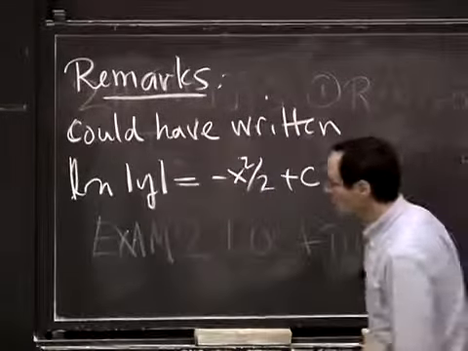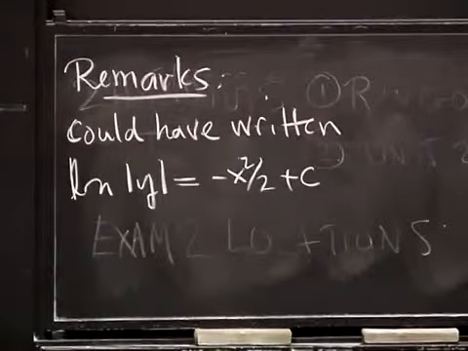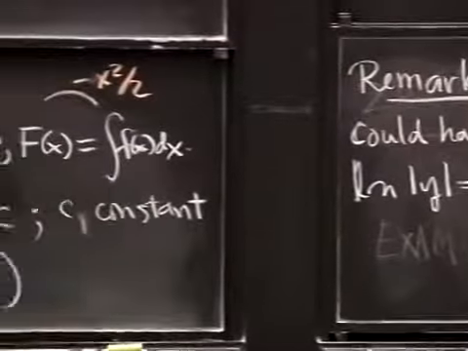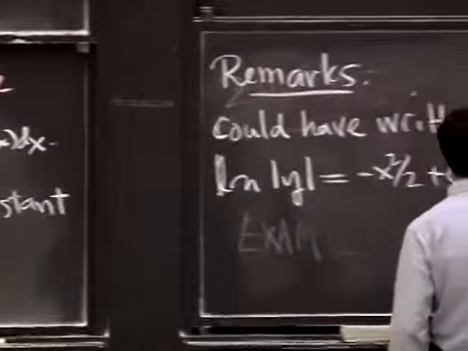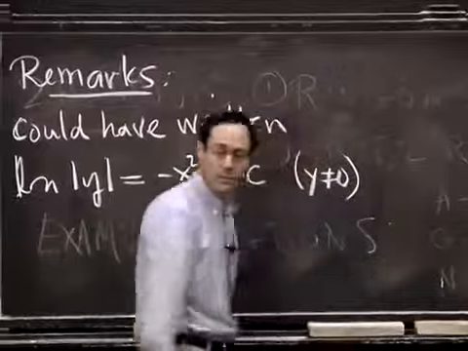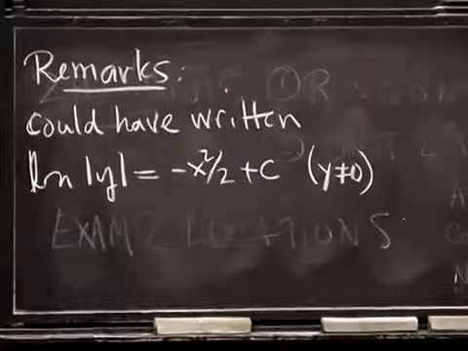All right? We learned last time that the antiderivative works also for the negative values. So this would work for y not equal to 0, both for positive and negative values.